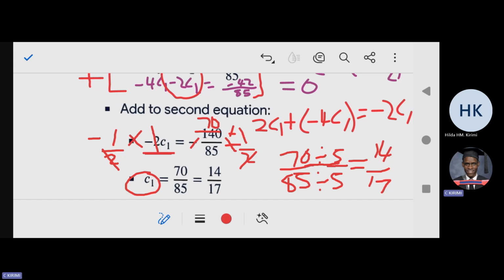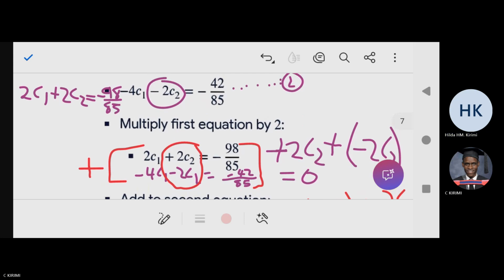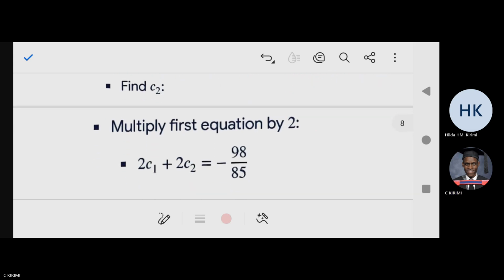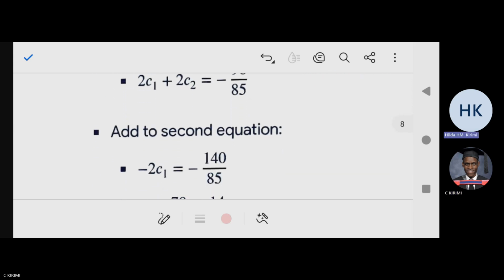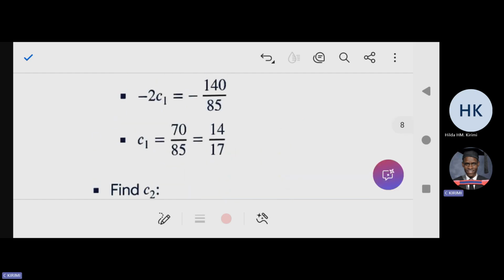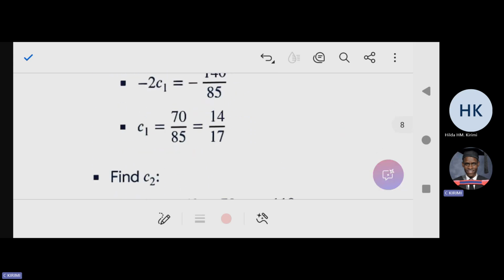Then you substitute back to solve for what? C2. Go back to the equation. You solve for C2 by just replacing the value. All right. So for C2, we are just putting the value for which equation did we use. You can use this one. 2C1 plus 2C2 is equal to negative 98 over 85.